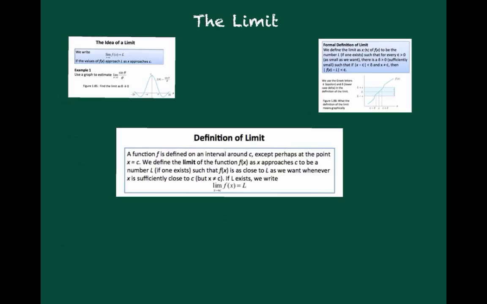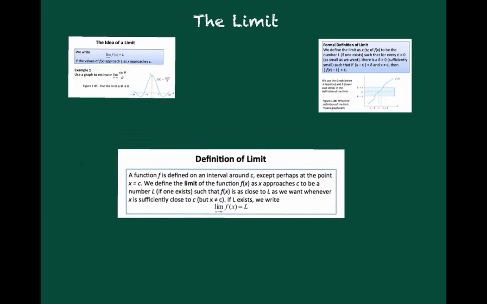Now keep in mind, a limit has to be a number, so the limit can never be infinity. You know, you can say infinity and everyone knows what you mean, but it's actually not precisely a limit. Such that f of x is as close to L as we want whenever x is sufficiently close to c. If L exists, then we write this expression, that the limit of f of x as x approaches c equals L.